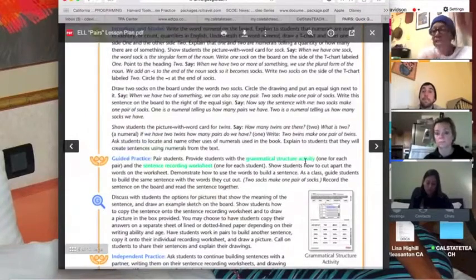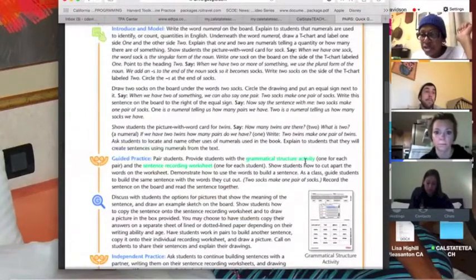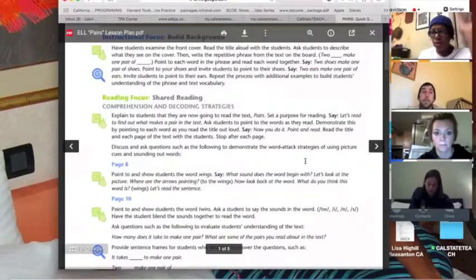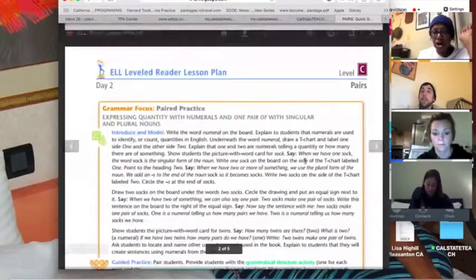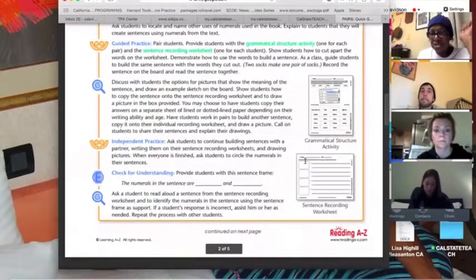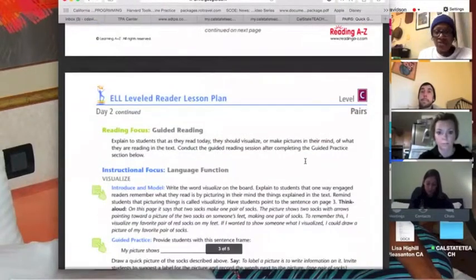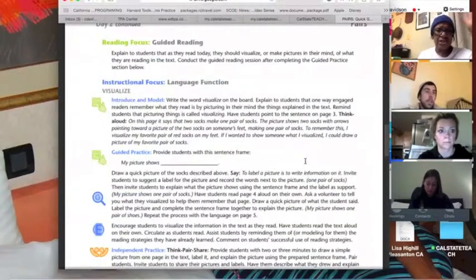And any of these lessons can be the lesson that you decide to record. You don't have to record this one. You can record day 1 if you want to. Talk about day 2 with that evidence, and then record something on day 3 if you want to, which is the guided reading. I mean, this is still day 2, but you get to decide what you want to do.